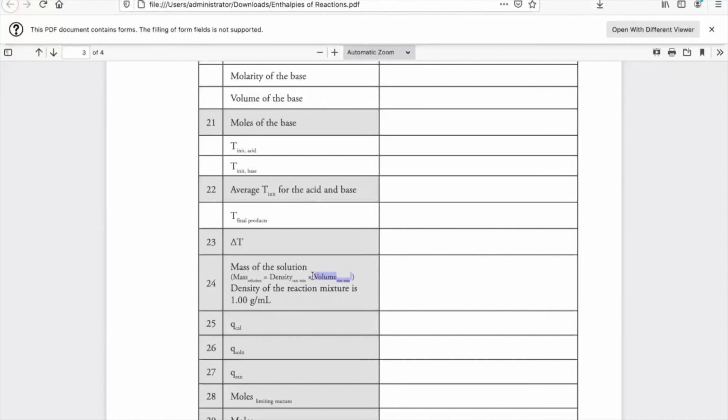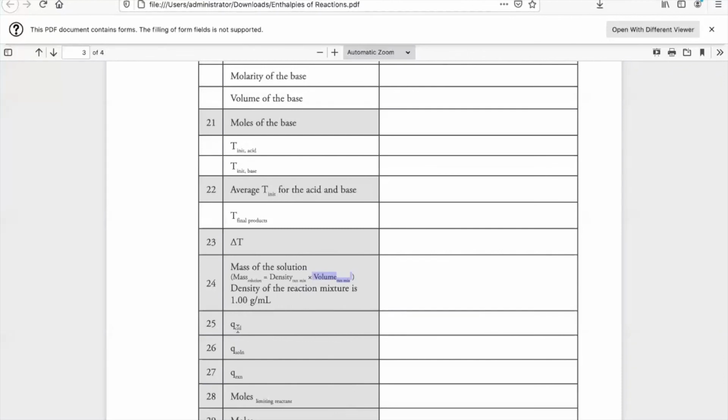Now, the equation for line 25 is still the same thing as calorimeter. The Q for the calorimeter is given by the heat capacity for the calorimeter times the change in temperature.